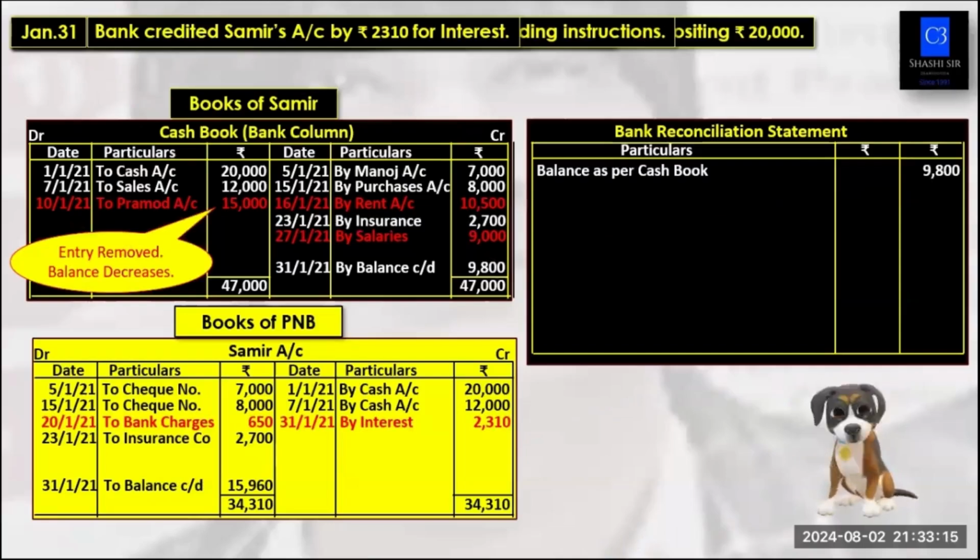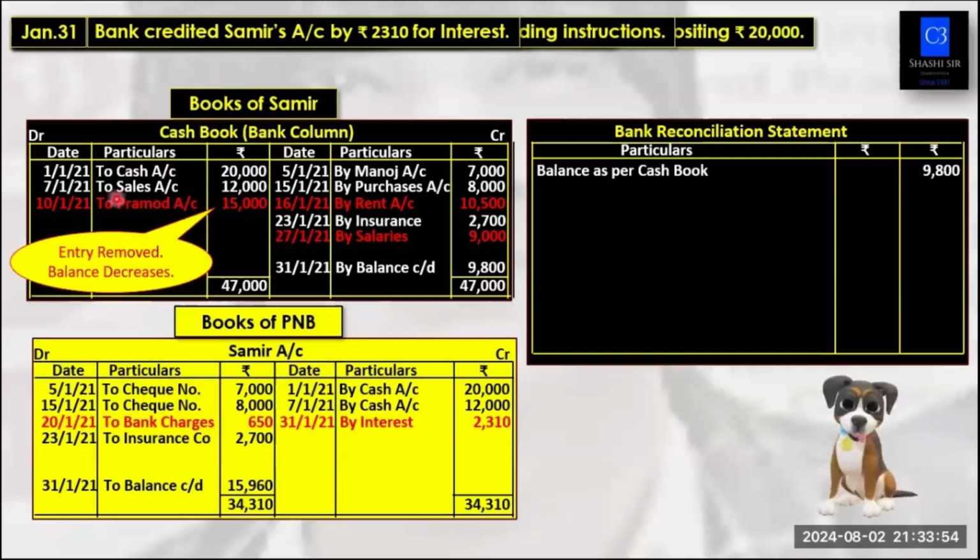This entry was present in cash book, but this is not here on the credit side of passbook. So to make these two books similar, the difference is arising because of this red colored entry. This entry is present in cash book, but not in passbook. So you just remove this entry from the debit side to make it similar to the passbook.